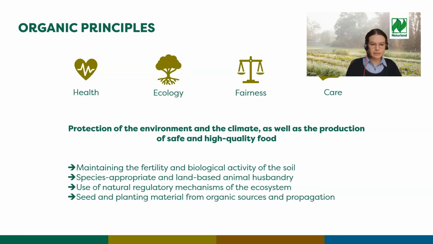But in the course of my thesis and this presentation, I concentrated mainly on the first point regarding the soil fertility, which is achieved in particular through a wide-ranging crop rotation with a high proportion of legumes and other green manure plants.